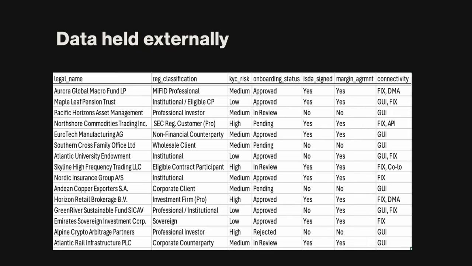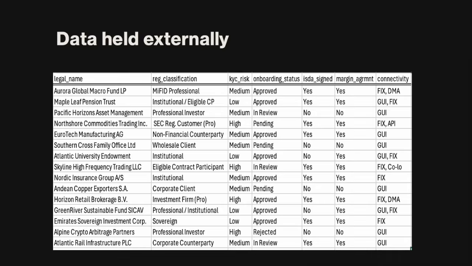The proposal: extend the client master record in the trading platform to include the following new system fields. Reg classification, regulatory client classification, for example, institutional, eligible contract participant, sovereign. KYC risk rating: low, medium, high, as assigned by compliance. Onboarding status, life cycle status: pending, in review, approved, rejected.